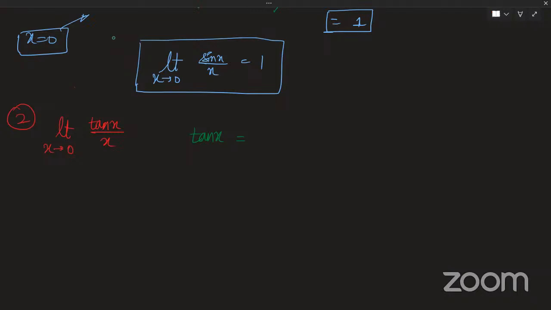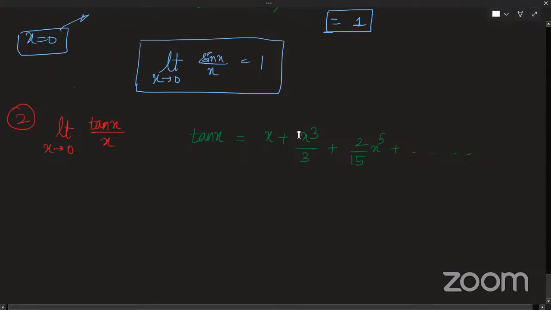Tan x is x plus x cubed by 3 plus 2 by 15 x raised to 5 and so on, higher order terms. Fine, everyone? At least speak something. Yes, sir. I am telling you the series now. Okay, so can we do this? So tan x by x.